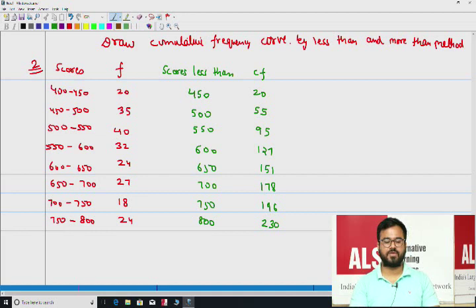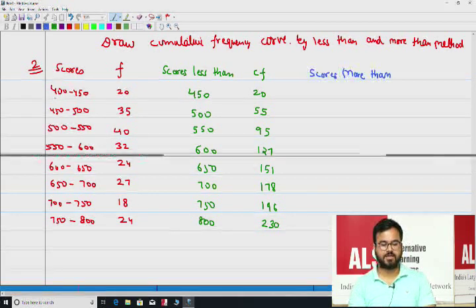Second table we can draw for scores more than. One is for less than, second one will be for more than. In case of more than, remember that we have to consider the lower limit of the class interval.